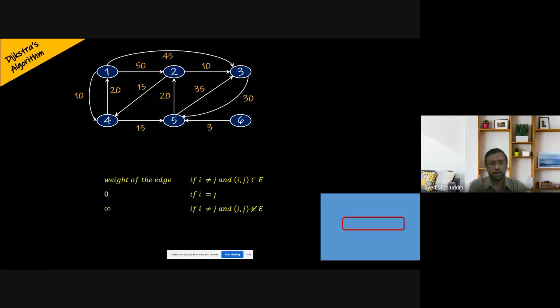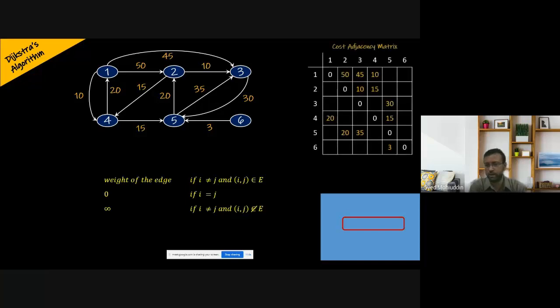Now this graph is represented using a cost adjacency matrix. In the cost adjacency matrix, the row will represent a vertex as well as the column will also represent a vertex. So every time when we say i comma j, or a value from i comma j, i means the start vertex, and j means the end vertex.